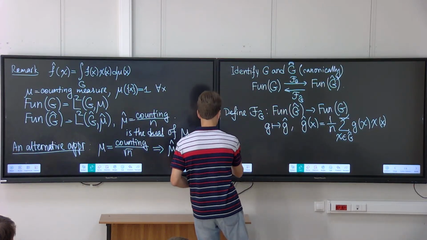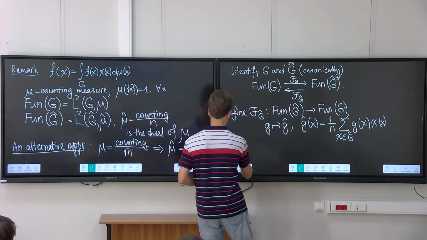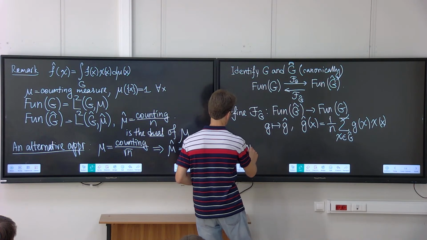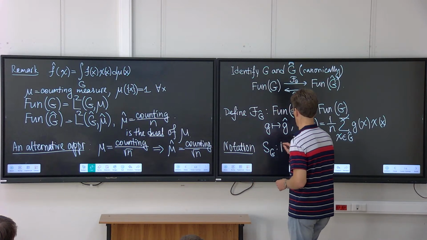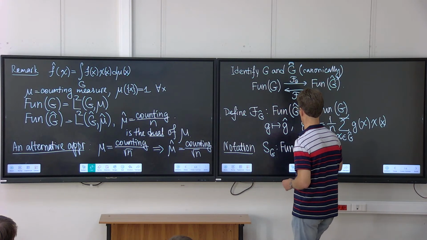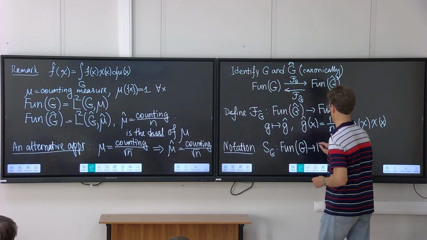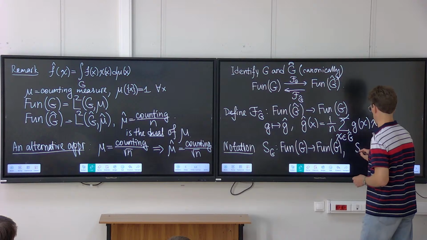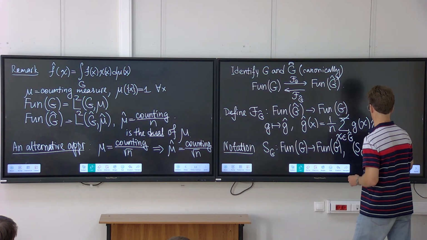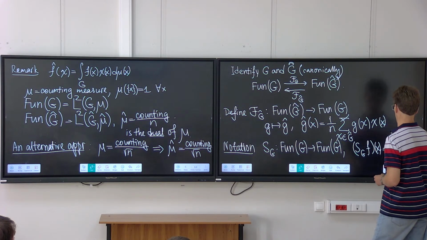And let's also introduce some more notation. We denote by S_G the following self-map of the space of functions on G, which is given by the following simple formula. It takes f to f of x inverse.